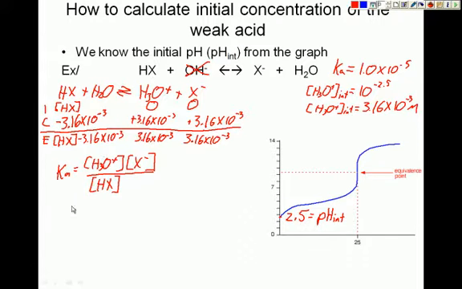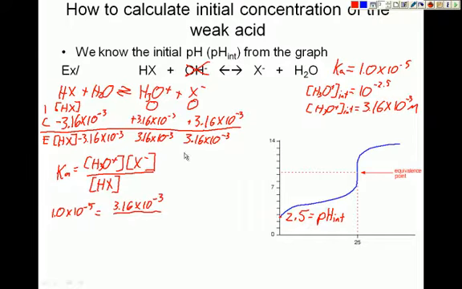Okay, and what we can see is that if we plug in all of our numbers, our Ka, which we know is 1.0 times 10 to the minus 5, is equal to 3.16 times 10 to the minus 3.